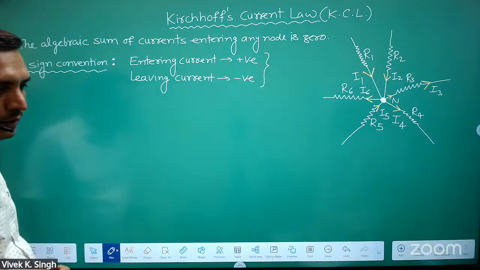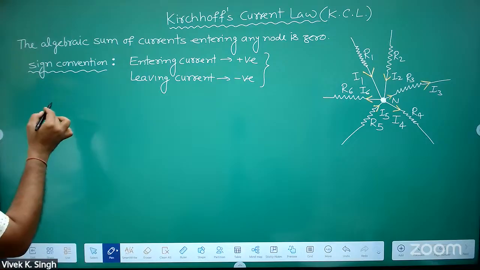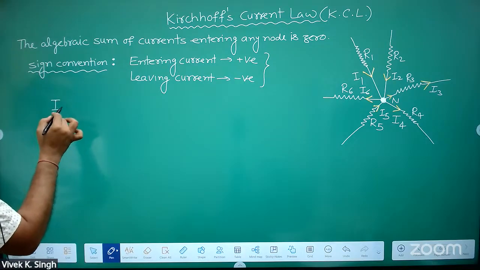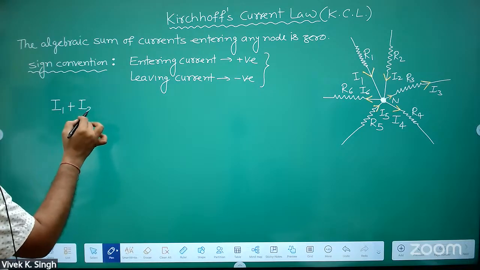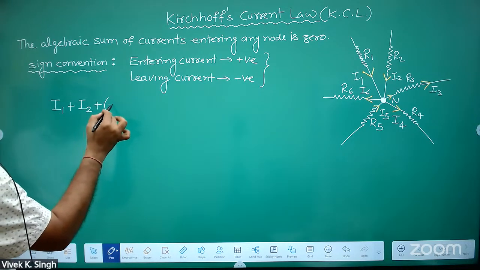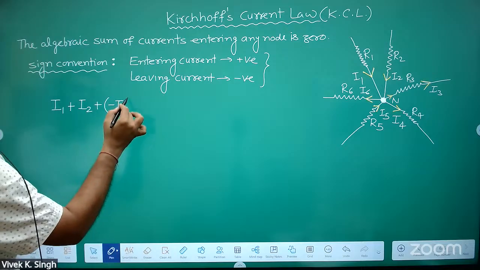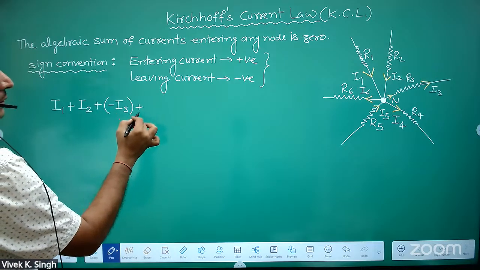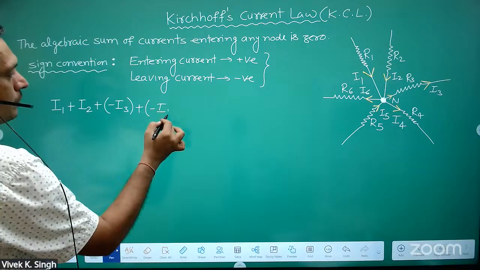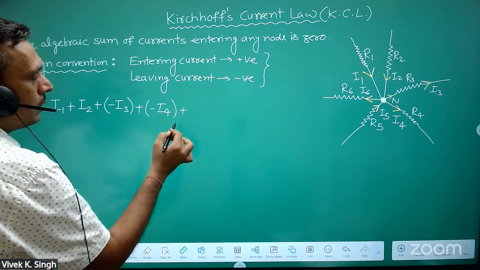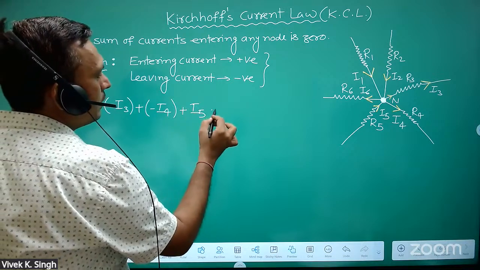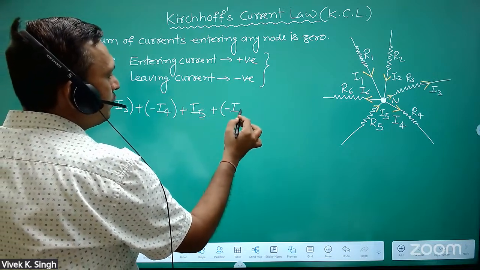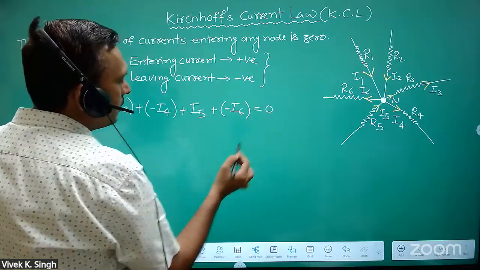Okay. So let's start with I1. So this is I1 plus I2. Leaving current is minus I3 minus I4. Then you have plus I5 minus I6. This will be 0. Yes or no?